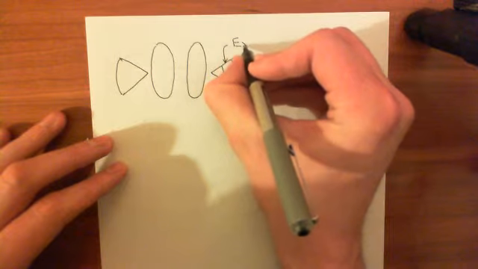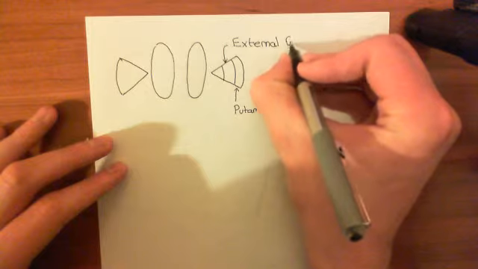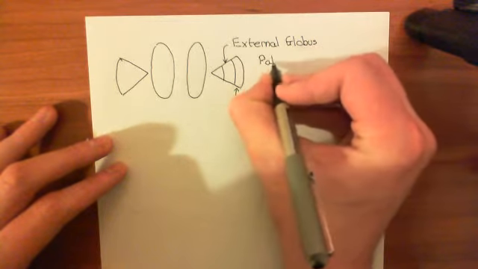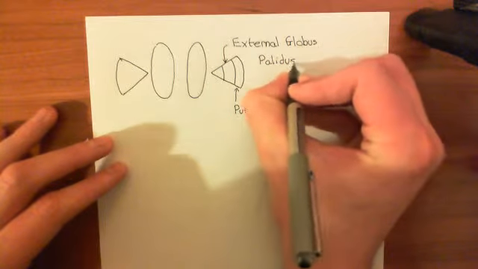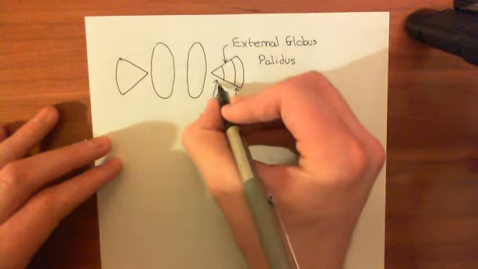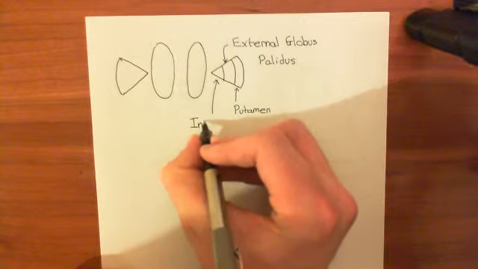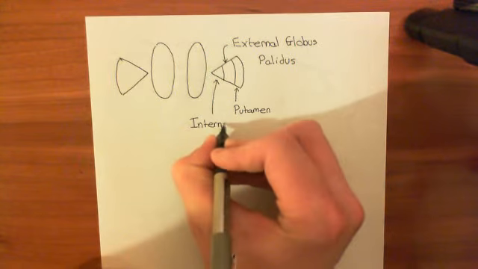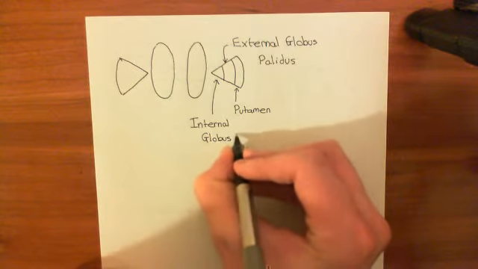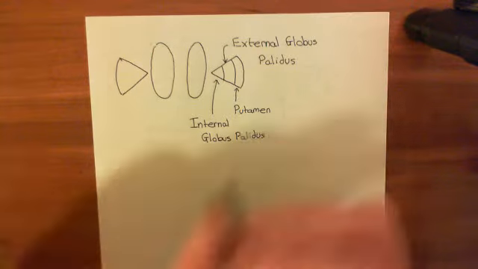Sometimes it's just referred to as the external pallidum, to avoid having to write globus pallidus. And then this portion in here is the internal globus pallidus. Let me highlight them in a different colour so that this becomes simpler.